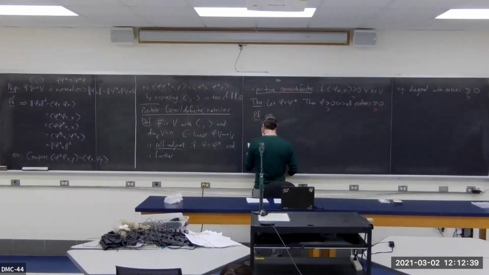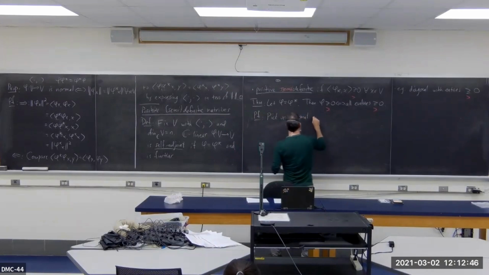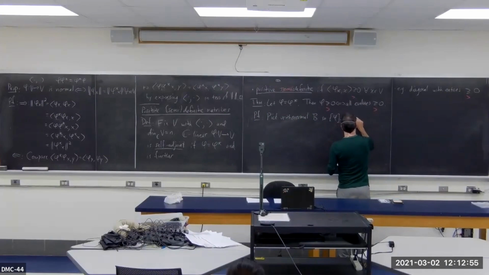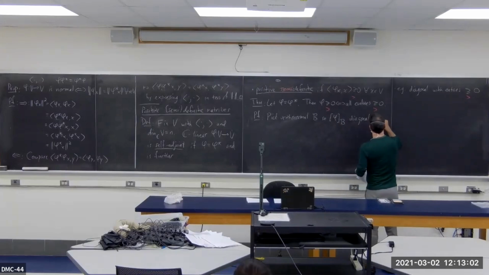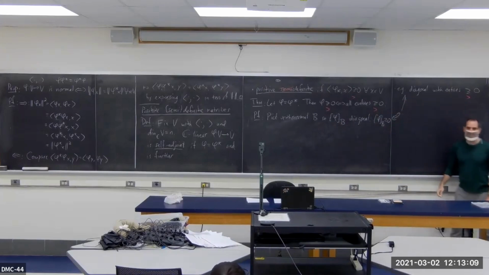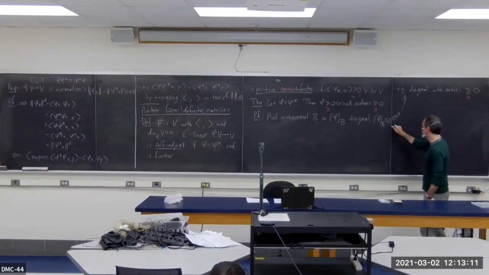You just pick an orthonormal basis B so that the matrix of phi in the basis B is diagonal. And then phi is greater than or equal to 0 if and only if this stuff. Right? And that's all there is, it's really just that.